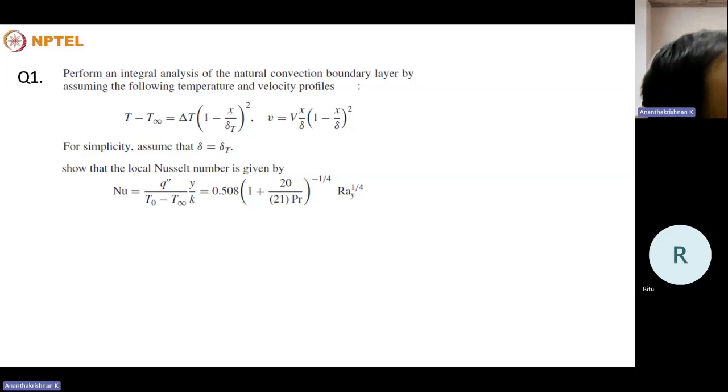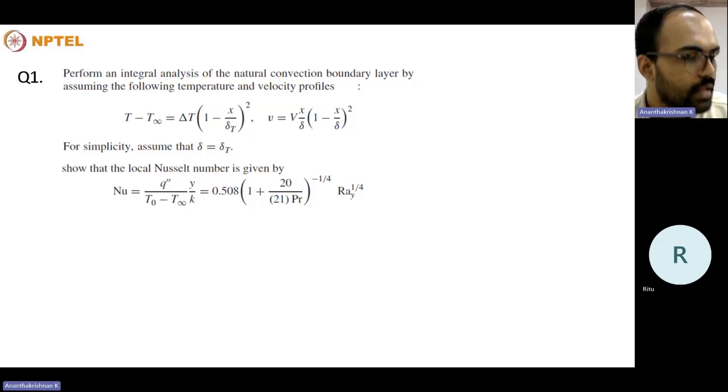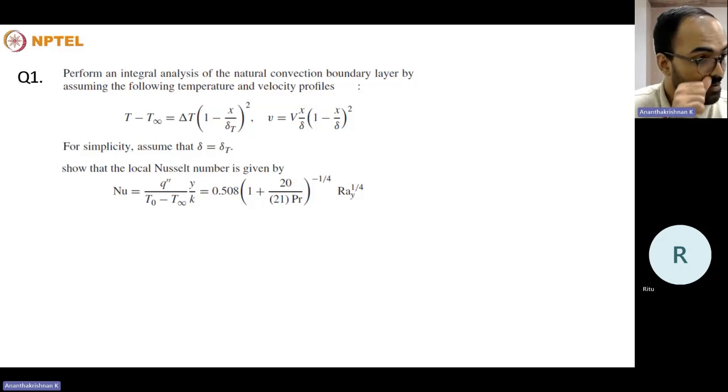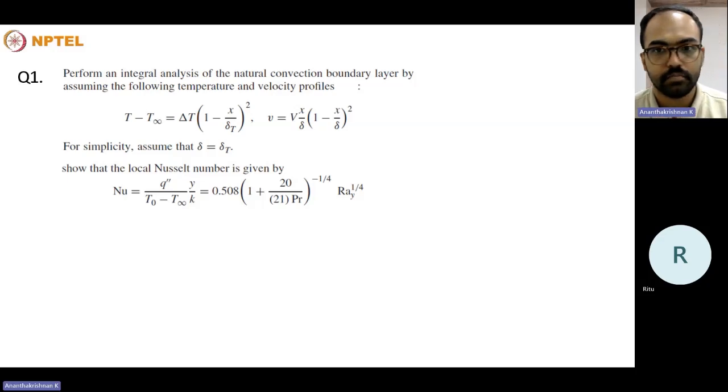Yeah. So this is a problem on integral solution for natural convection. The temperature profile is given, velocity profile is given.